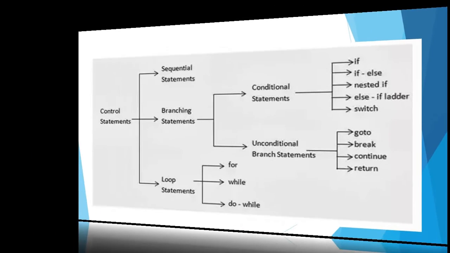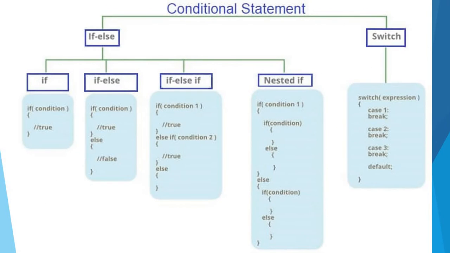So let's start with the conditional statement, that is if else. If else is further divided into simple if, which will execute the true part. When we are talking about if else, there is one true and one false.